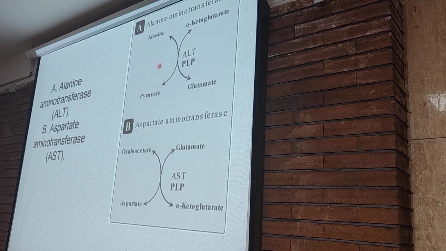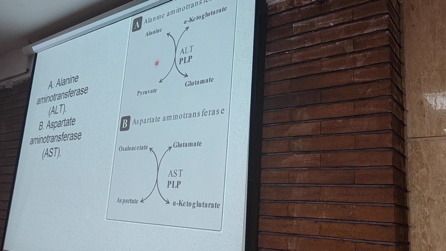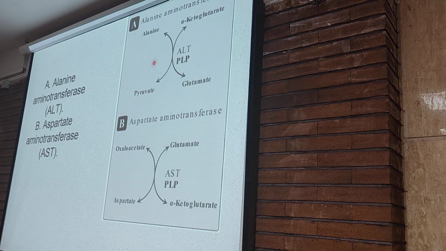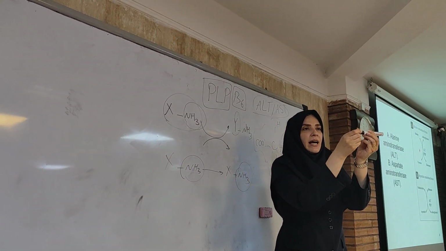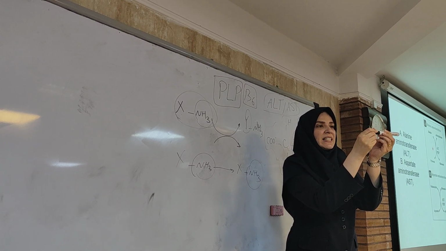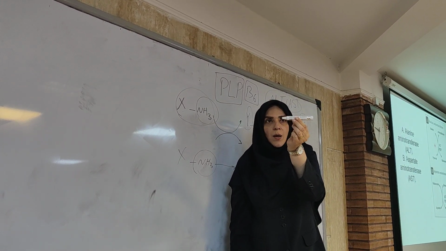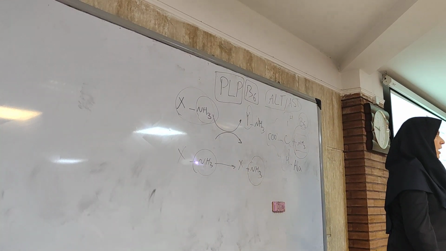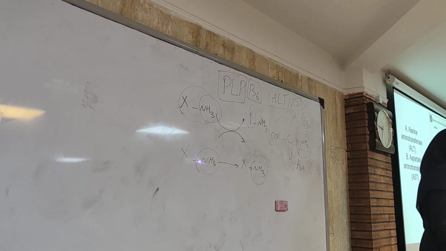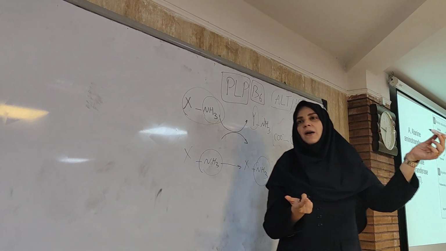I mentioned that the first step is the removal of the amine group. When alanine, this is the alanine amino acid, releases its amine, now it is a pyruvate. Pyruvate is an acid, it's an alpha keto acid. Pyruvate is a carbon skeleton. Each amino acid has a specific carbon skeleton.